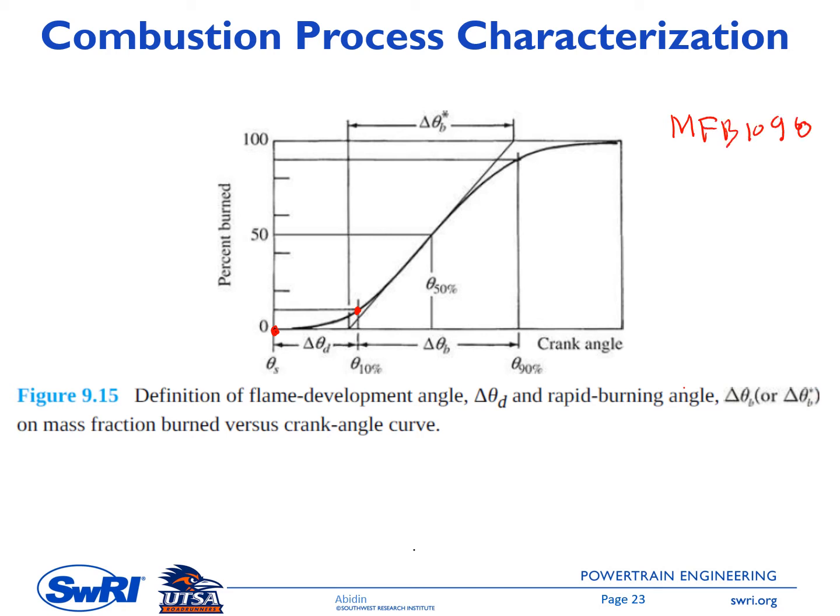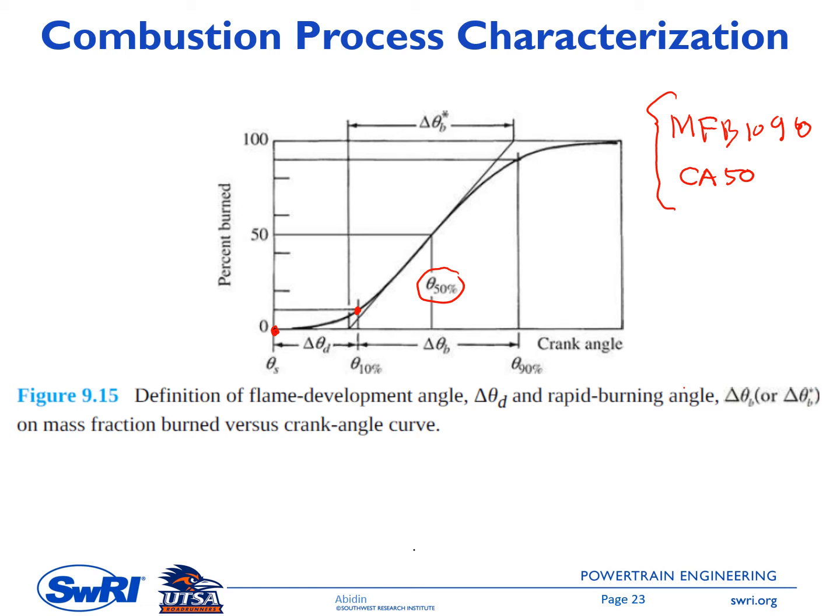As I mentioned in the previous slide, this represents the interval between CA10 and CA90. And the second parameter that is used is called CA50. This is the timing for the 50% mass fraction burn.